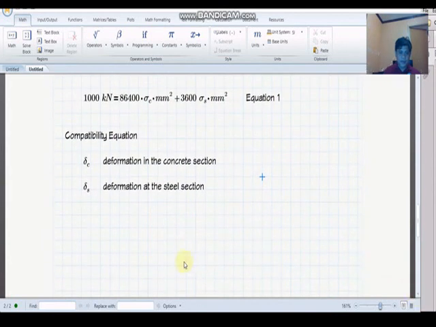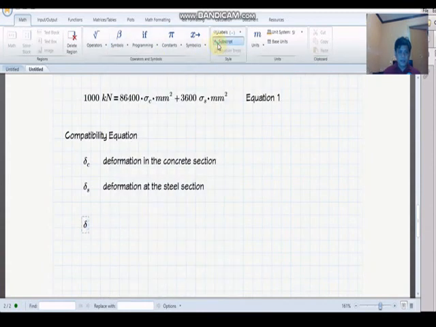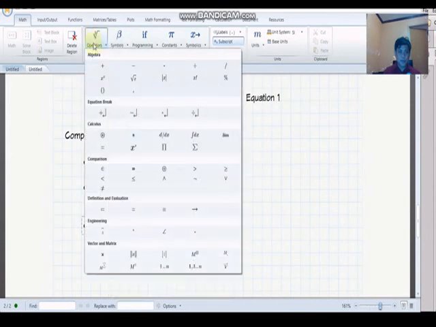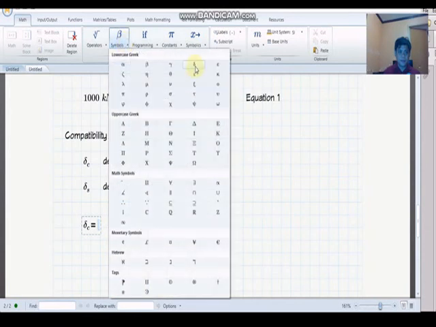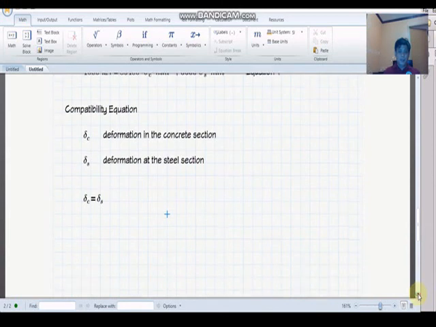Earlier we concluded that the deformations should be equal. So they are equal, and this is our compatibility equation. It's very clear that the deformations would be equal.